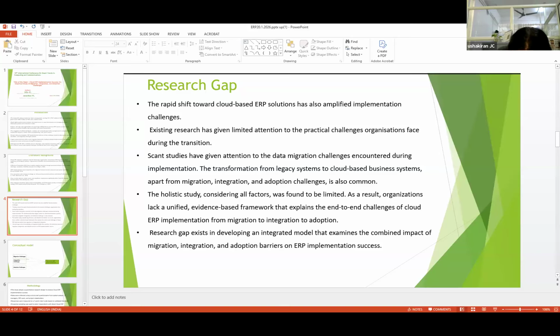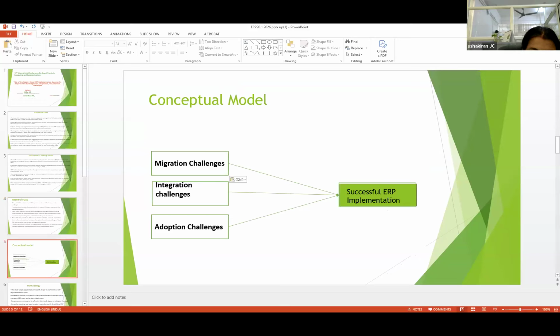Therefore, the study tries to address the gap by examining the combined effect of migration, integration, and adoption barriers. So this is my conceptual model. It considers all three types of challenges and how they impact successful ERP implementation.